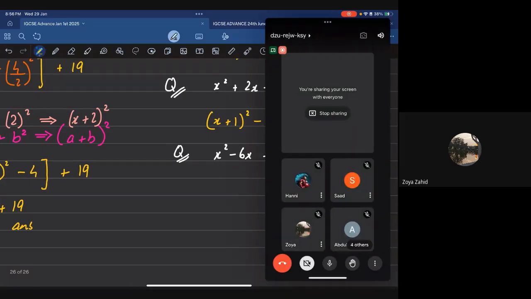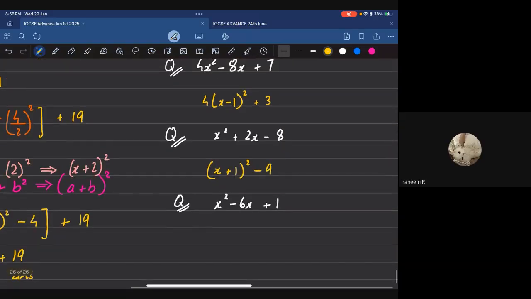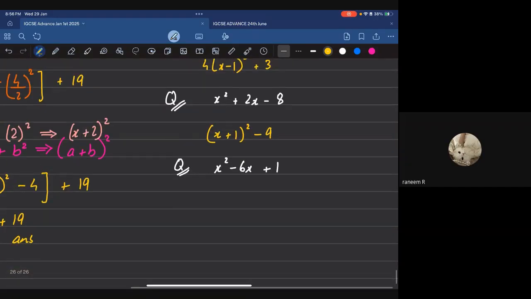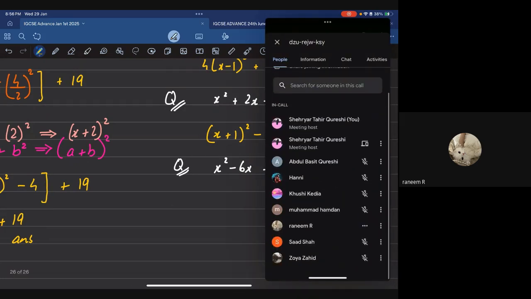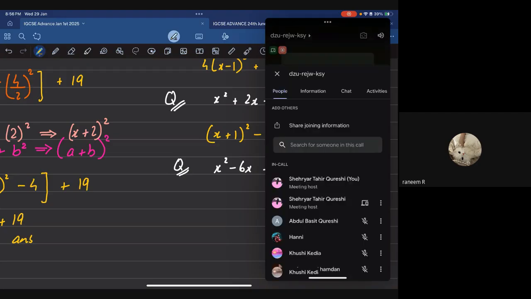And Ranin, could you tell us the last one? Sir, I didn't do the last one. Why, Ranin? It was the easiest one. But were you not able to complete it, or weren't you able to do it? No, I didn't complete it. All right. Who else has done it?